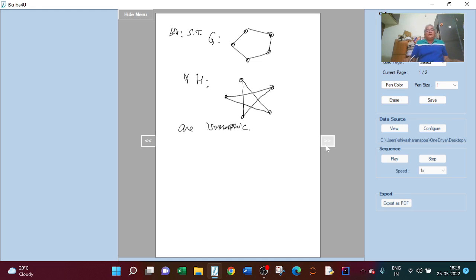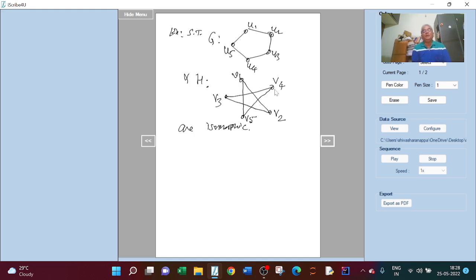Again I label the vertices of G as U1, U2, U3, U4, U5, and the vertices of H as V1, V2, V3, V4, V5. I take this vertex as V1, adjacent to this I take V2, then V3, then V4, and finally V5.